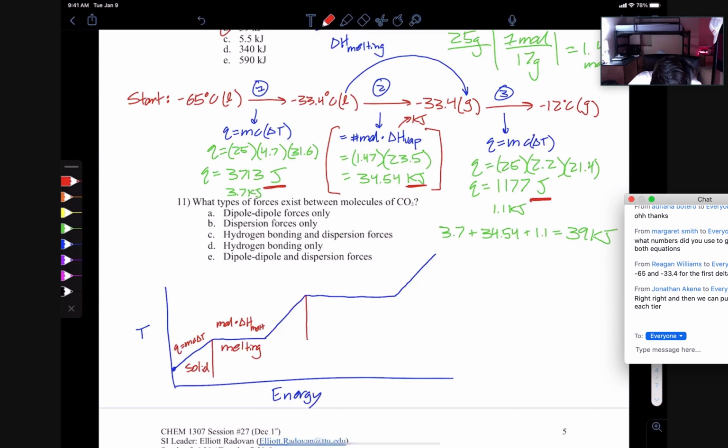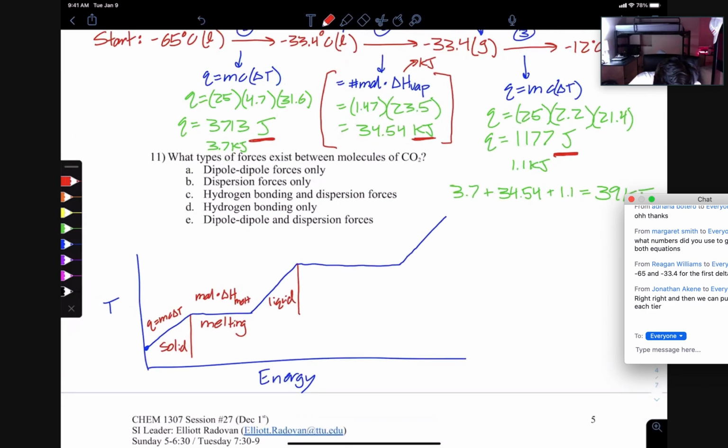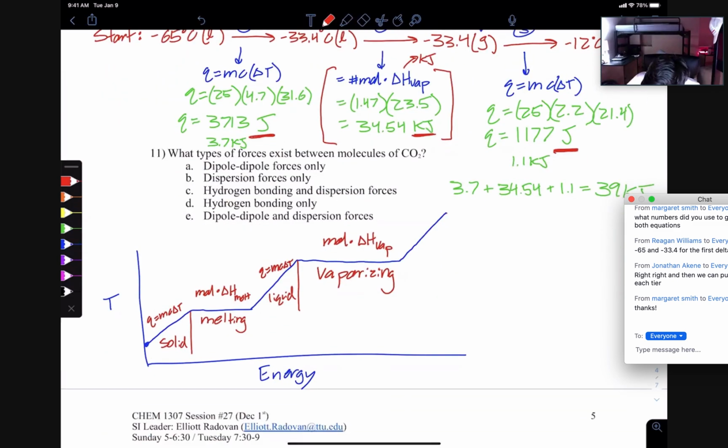Then this right here, we have a liquid, and so we can use Q equals MC delta T. Then right here, we are vaporizing, so we use the number of moles times the delta H of vaporization. And then at this point, we are at a gas, so we can use Q equals MC delta T. This is the route that you're going to take when you do these state change problems, okay?